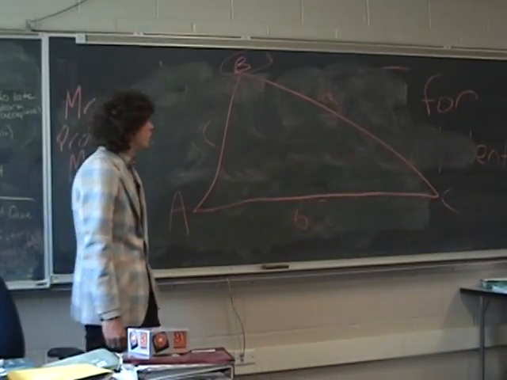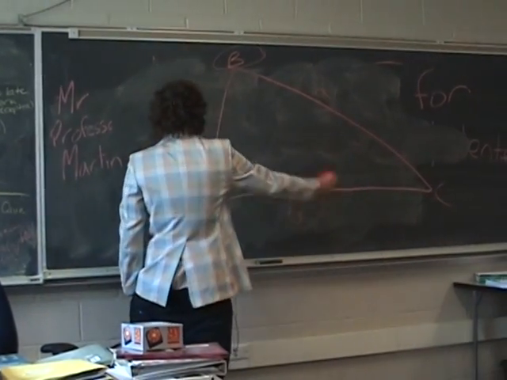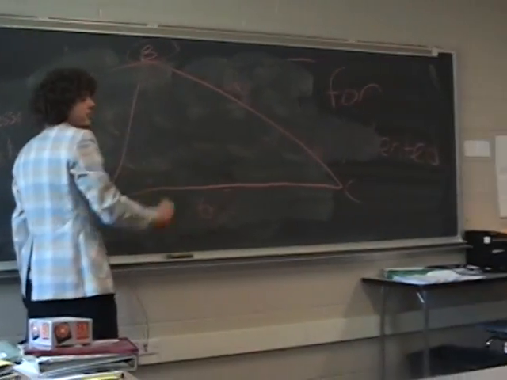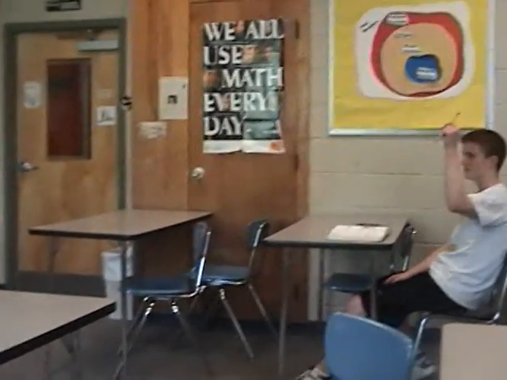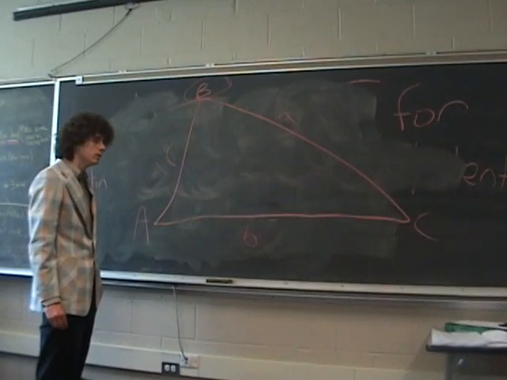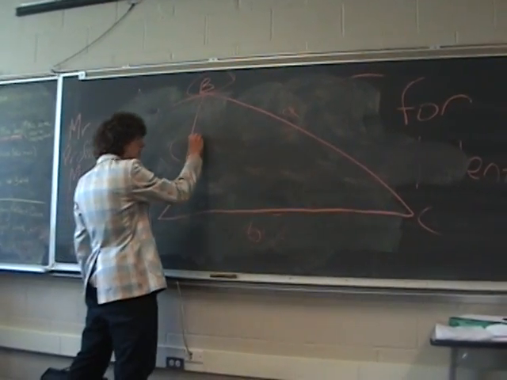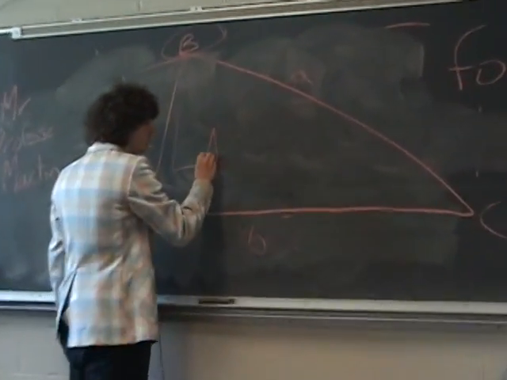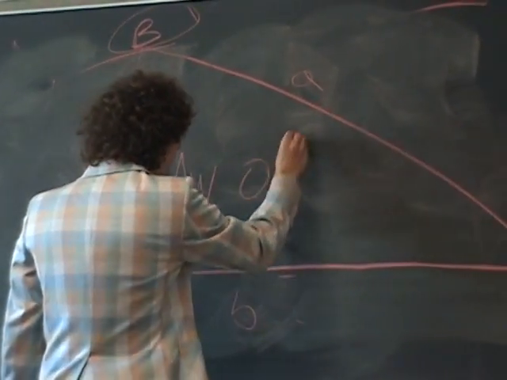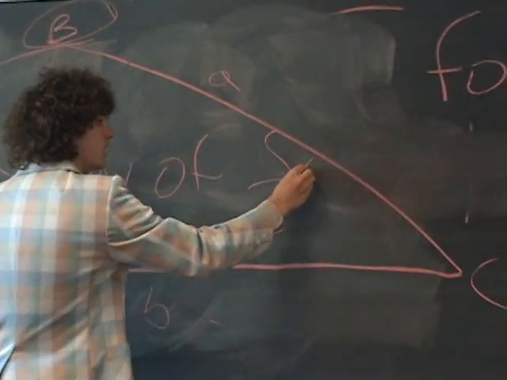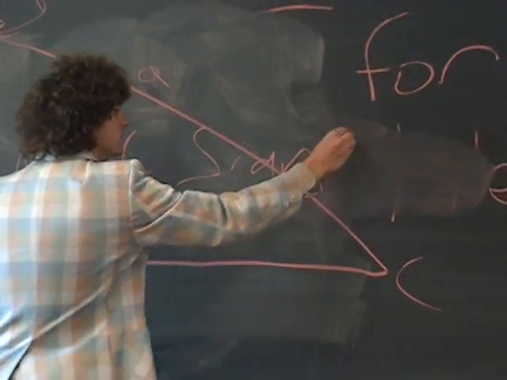Fantastic. Okay, so can anyone tell me the sine of B in this case? Yes, Sam. Professor Martin, no one can tell you the sine of B, it's not a right triangle, but you could use the law of sines. That's right, the law of sines.